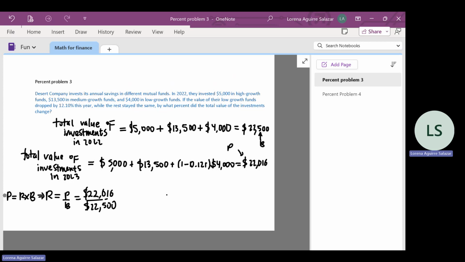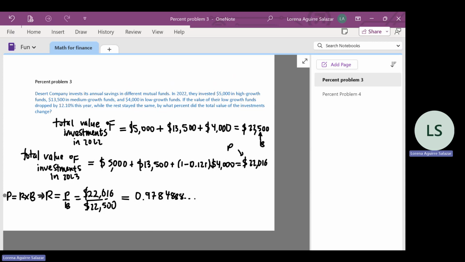That rate turns out to be 0.9784888 and so on. So the new amount, that is the total value of the investments in 2023, is about 97.85% of the original amount.